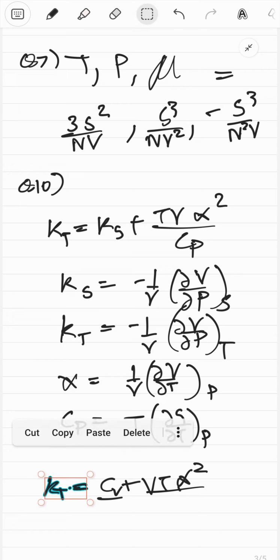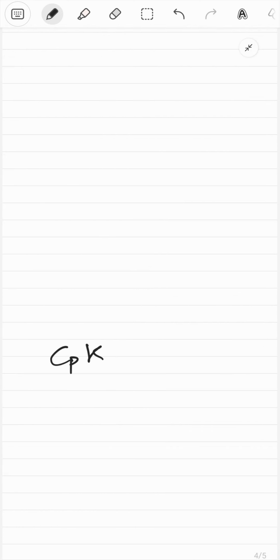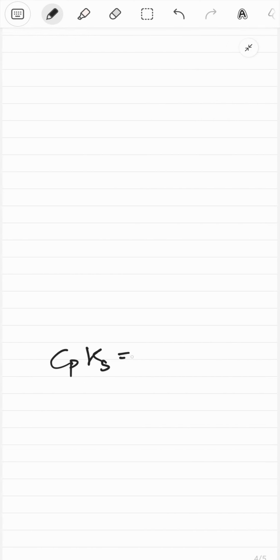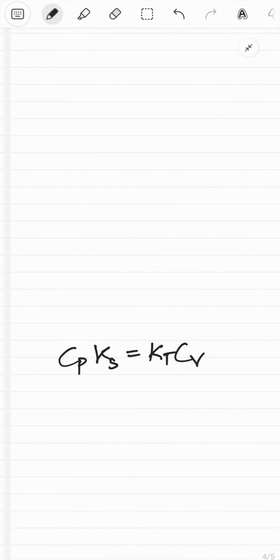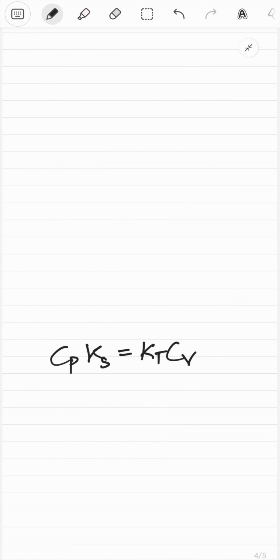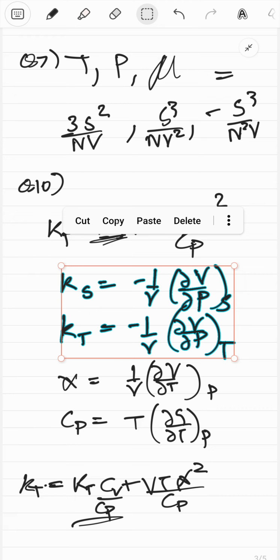So K_T would just be equal to K_T times C_V upon C_P. And now the only thing is these two terms should match. So essentially what you're saying is that C_P K_S is equal to K_T C_V, right? Let's just do this thing. I'm just gonna bring down these equations as well, so copy them.